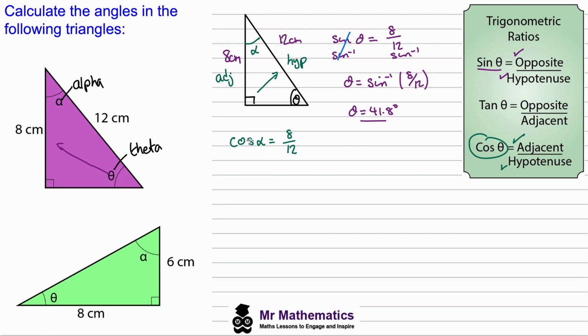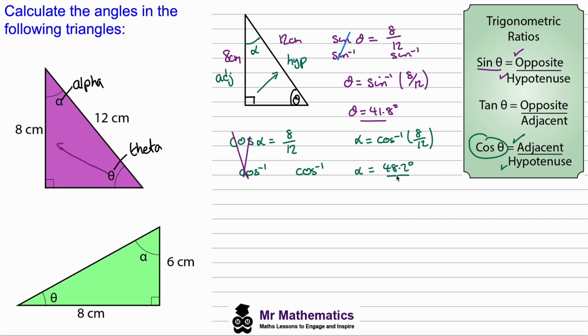Then we'll apply the arc cos to both sides, which we write as cos to the -1. This cos and this arc cos are inverse or opposite operations, so these two opposites will cancel. We're left with alpha equals the arc cos of 8 over 12. We can work this out on our calculators, and alpha is equal to 48.2 degrees.